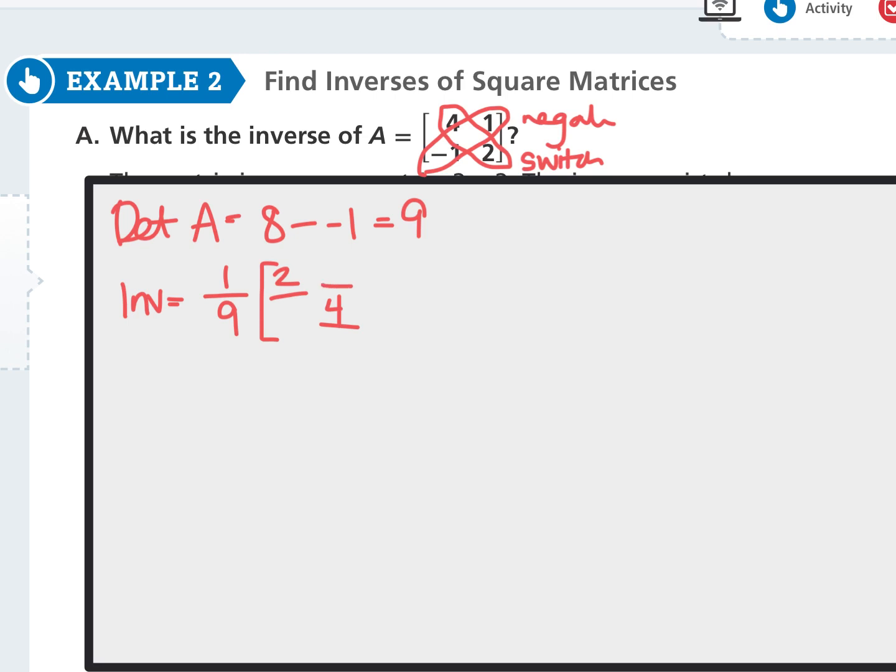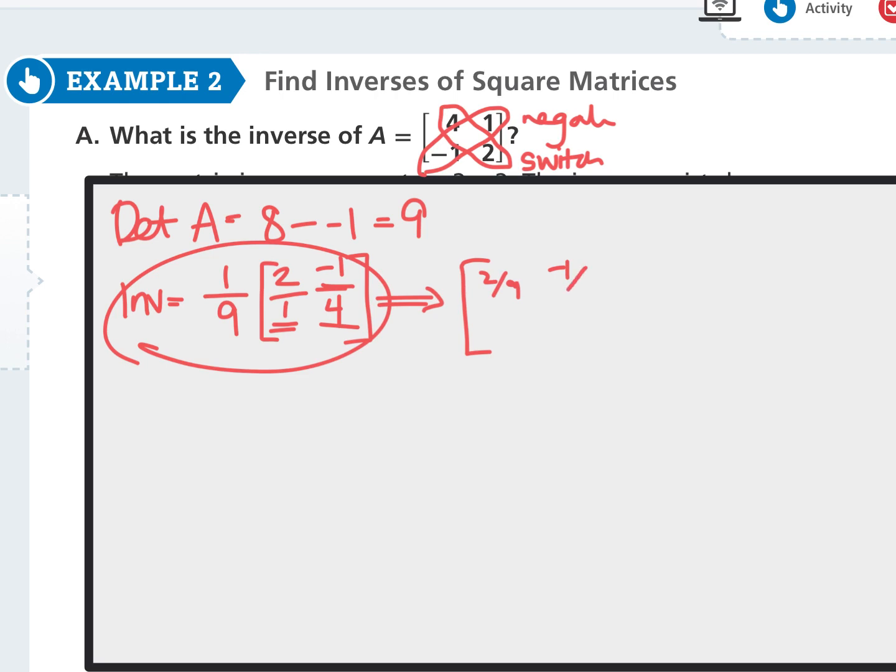So up here in the top right, where that says +1, it's going to be -1, and in the bottom left, where it says -1, I'm going to change that to a +1. Sometimes they leave it written like this, but it can also be simplified to a single matrix, which would make this 2/9, -1/9, distributing the 1/9, and 4/9.